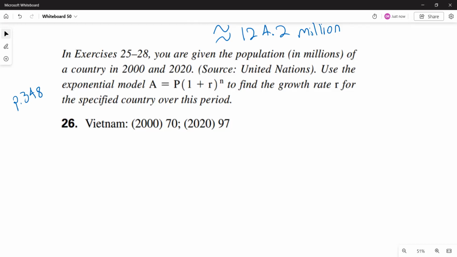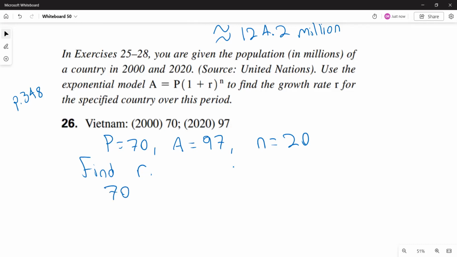We're going to find the growth rate R. Okay, so P is 70, A is 97, and N from 2000 to 2020 is a total of 20 years. And we need to find R as a decimal. We're going to write the final answer as a percent.